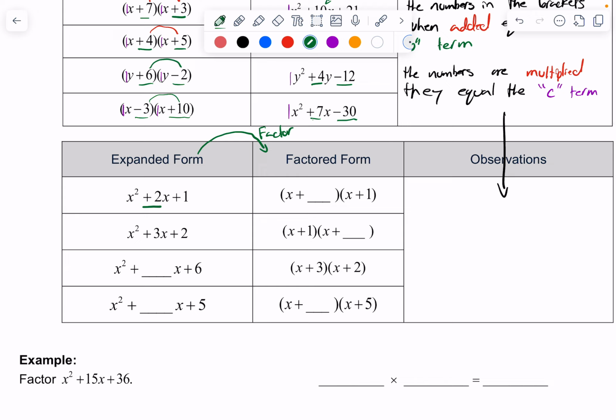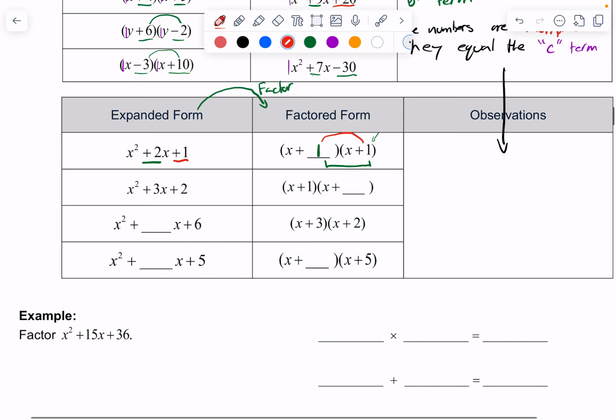Our b term here is positive 2. The numbers that you see here and here have to add together to give you 2. If one of them is already 1, that means this has to be positive 1, because 1 plus 1 gives you that 2. And then does it satisfy the last part, where we have a value of plus 1? Yes, 1 times 1 gives you that plus 1.